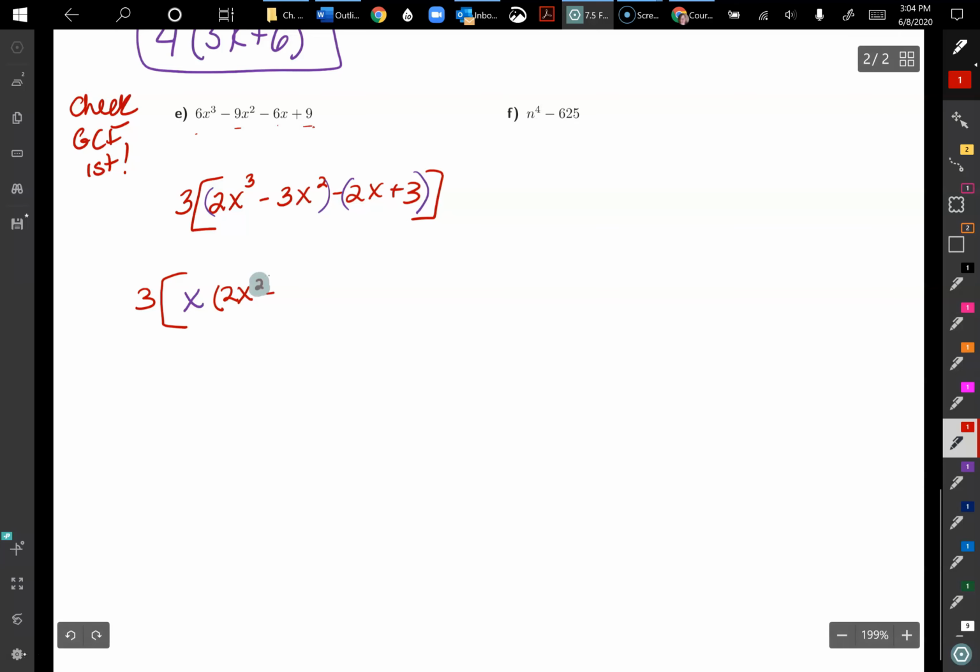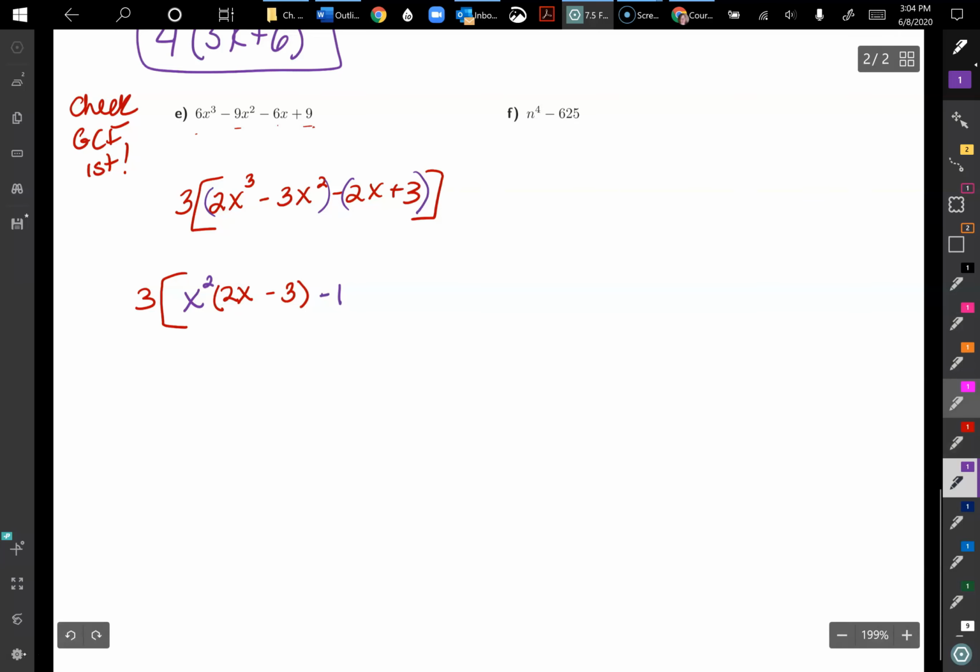Actually, I can pull out an x squared. And then I have left over, I'm going to pull out a -1 here. It's the only thing I can pull out of that.